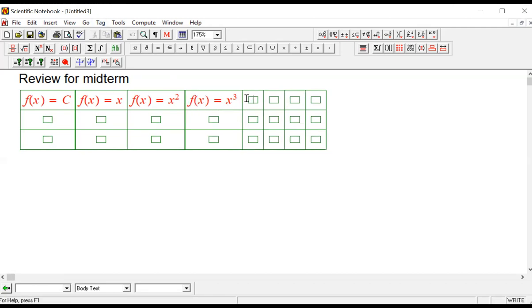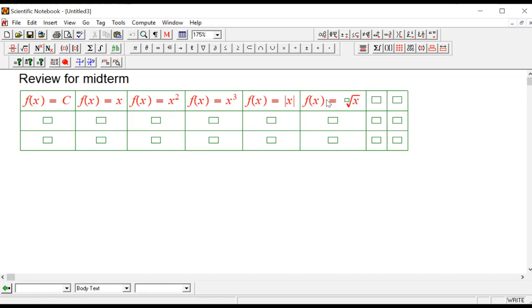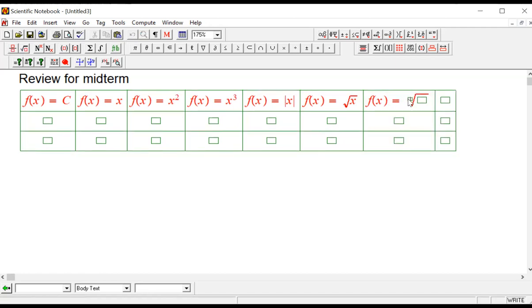And f of x equals the absolute value of x, f of x equals the square root of x, f of x equals the cube root of x. These basic functions. And what else?